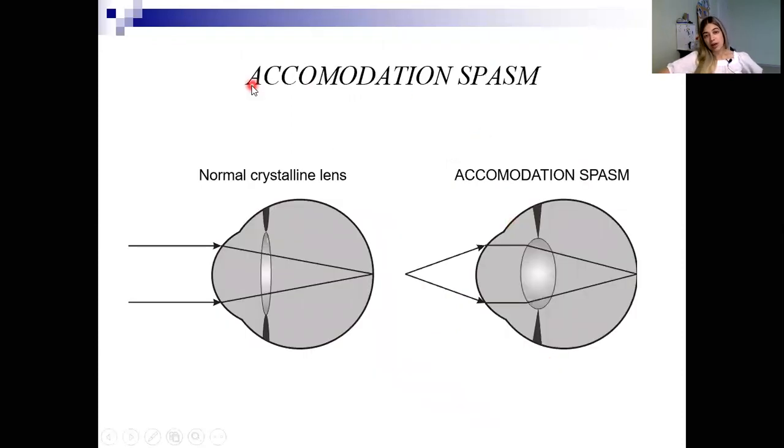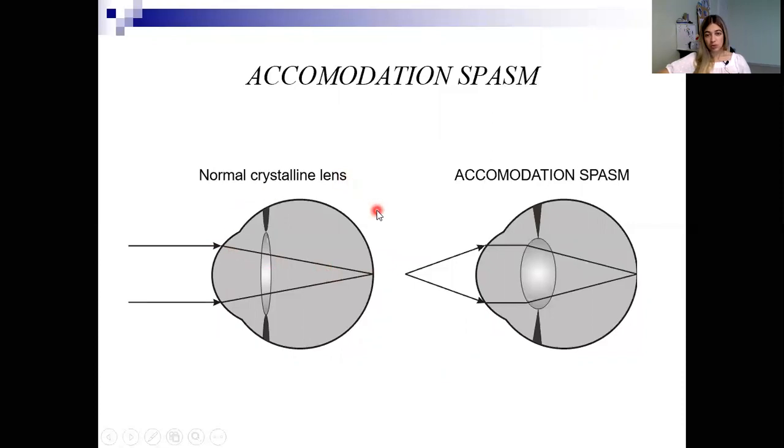What else in the eye do we have? We have the spasm of accommodation. Why? Because we have the ciliary muscles which control our crystalline lens. They control how round it is and how it makes the light break inside.